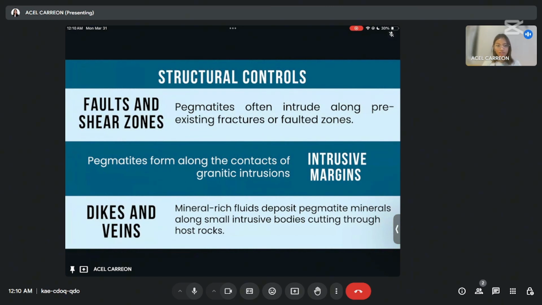Pegmatites often intrude into fractures and shear zones, the intrusive margins form along the contacts of granitic intrusions, and in the dikes and veins the mineral-rich fluids deposit pegmatite minerals along small intrusive bodies cutting through host rocks.